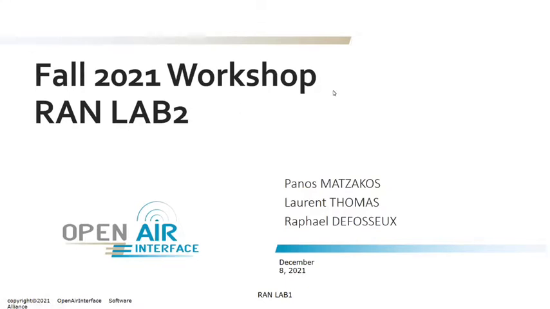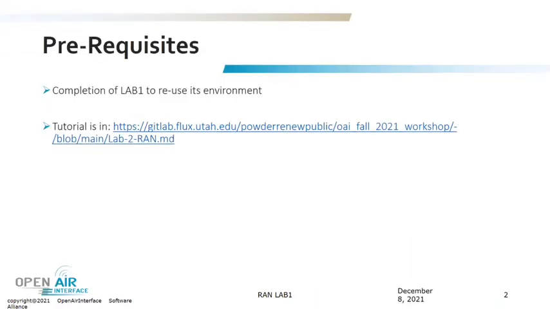Okay, let's go. I'm going to present what you're going to be seeing for Run Lab 2 today. The prerequisite you need in order to run Lab 2 is to have completed Lab 1, so that you can reuse the environment that you have already set up by now, hopefully, or until this presentation is over.